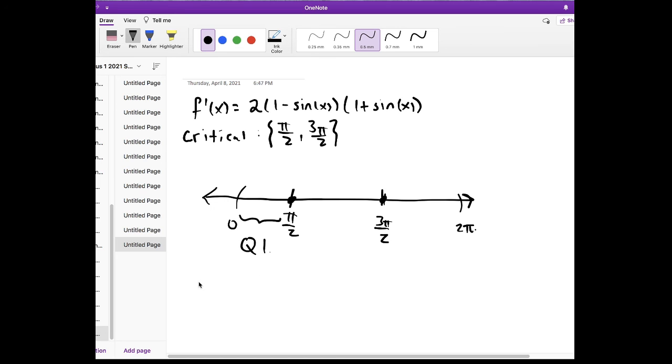What do you know about sine in quadrant 1? Positive, yeah. What else do you know, looking at the derivative, about sine that you probably would want to say? Like, let's just look at this example. If sine is positive, is 1 minus sine ever negative? No, yeah, why is that true again?